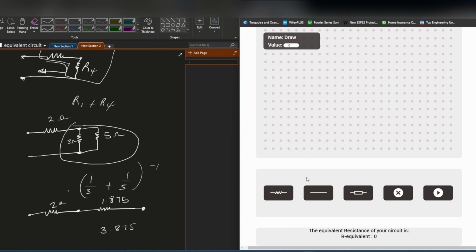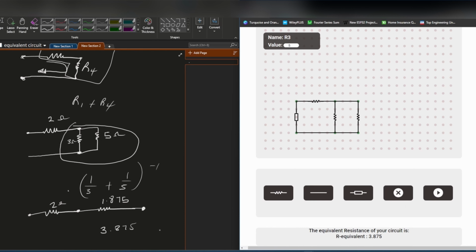Now we can easily check that by refreshing this page and saying resistor there, resistor here, and then that would be 2, that would be 3, and that would be 5.